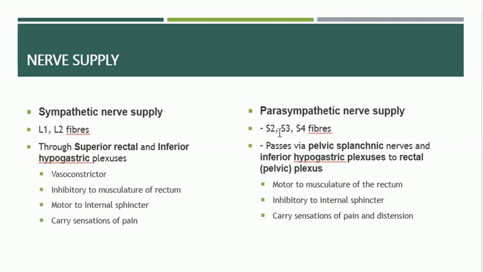The parasympathetic nerve supply of the rectum is basically from the sacral outflow. It is S2, S3 or S4 fibers.